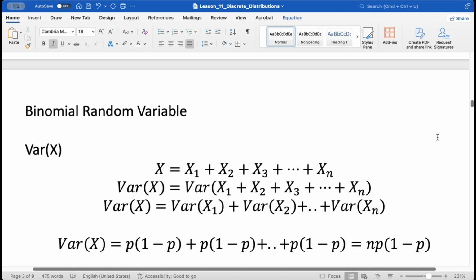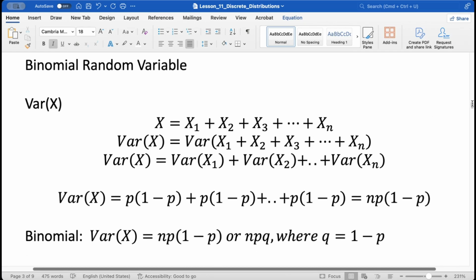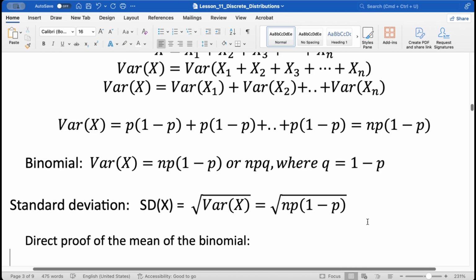So the variance of the binomial is np(1 minus p), or sometimes written as npq, where q is 1 minus p. q is the complementary probability. q is the probability of failure. It's the opposite of p. It's 1 minus p. The standard deviation is the square root of the variance, so we can write that as root np times 1 minus p.